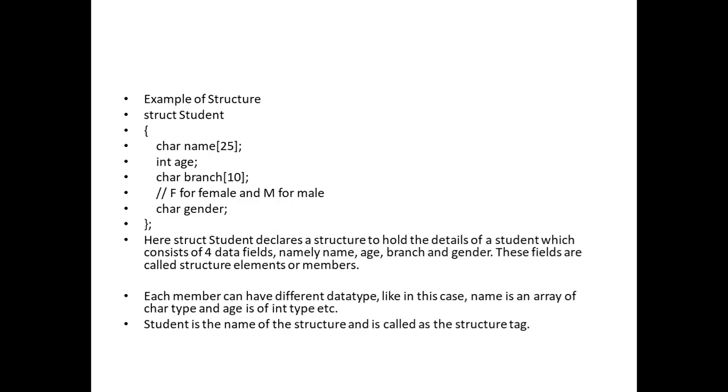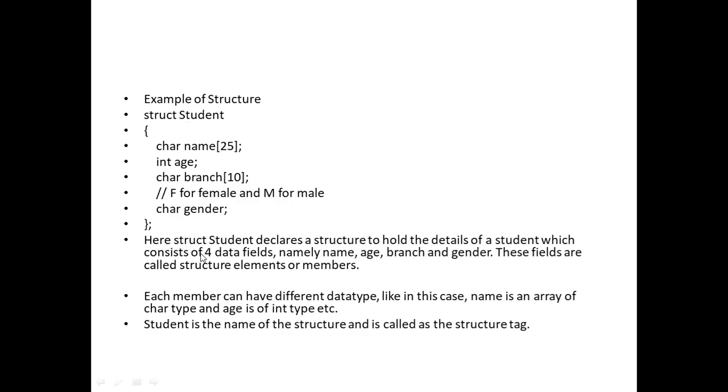Individually we can declare all these variables, but here in the structure we group them into a single unit and give a new name. The name of this structure is student. So student is now a new derived data type.